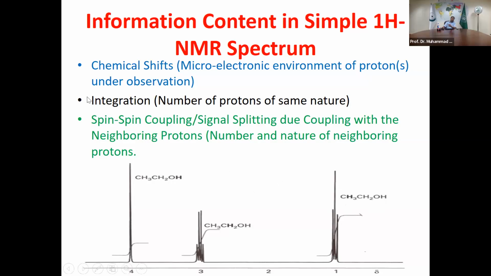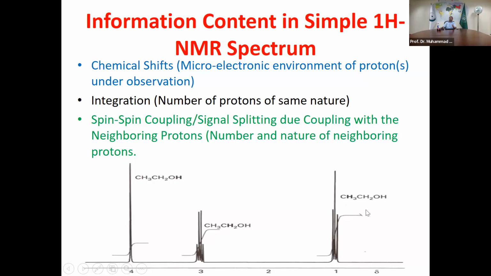The second important information which you get from that is integration. Integration is the number of protons under the peak, or number of protons of the same chemical and magnetic environment. For instance, in this case, CH3 means 3 protons, CH2 has 2 protons, and OH is 1 proton.